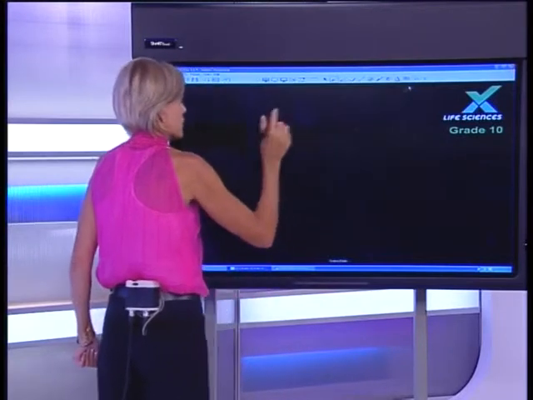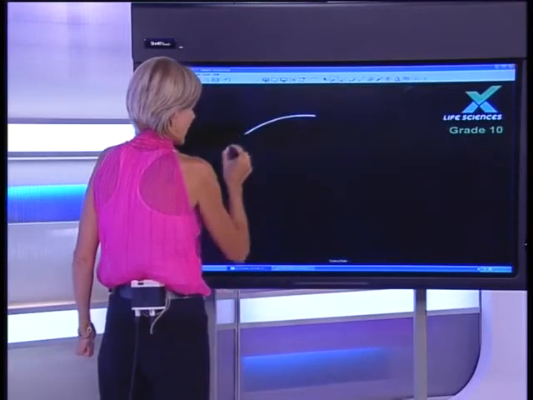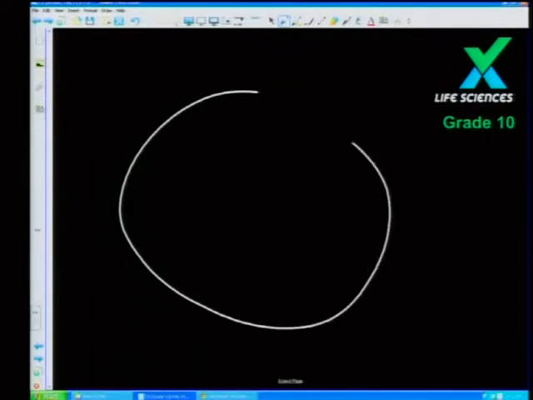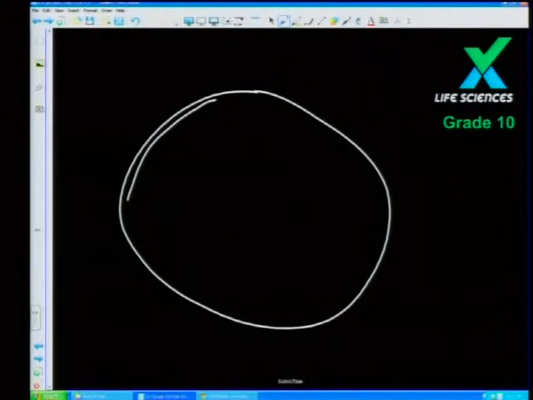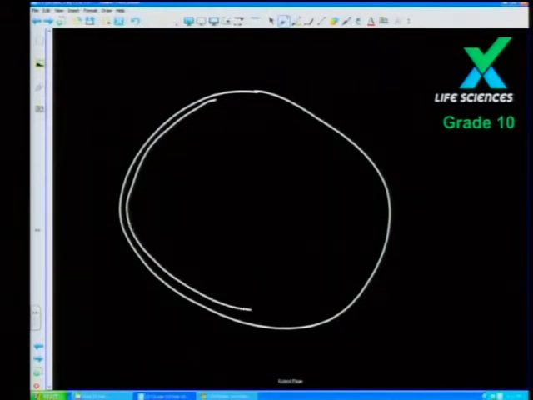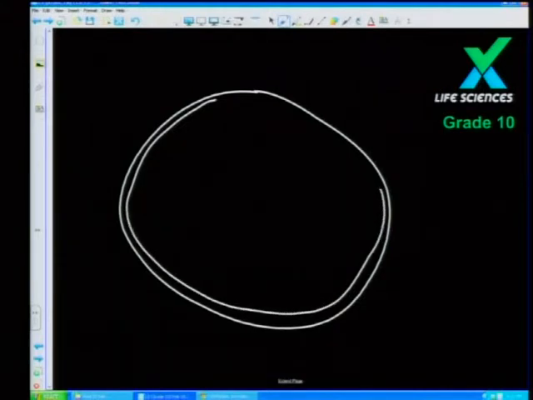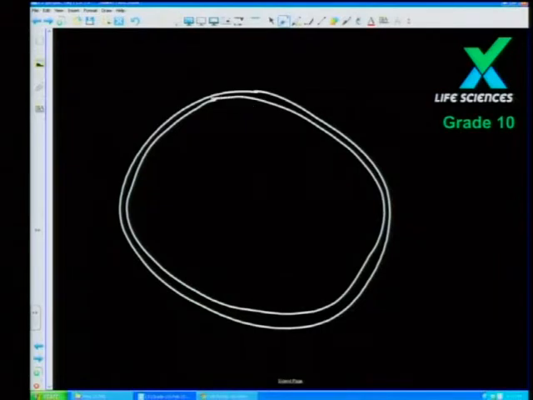So how does it look? We have this little chloroplast, and it's a double membrane structure. If you recall, all membranes are made up of a double row of phospholipids, so it's partially permeable, and it's this double membrane.